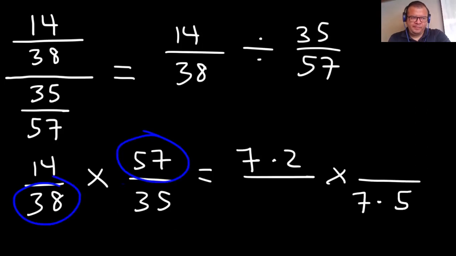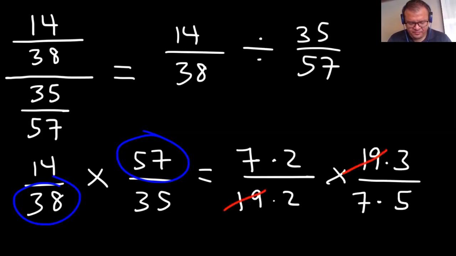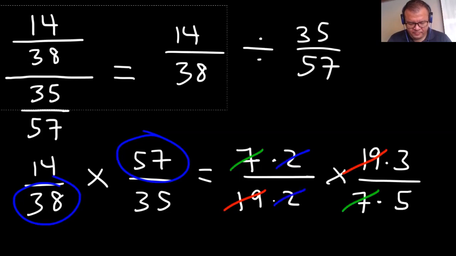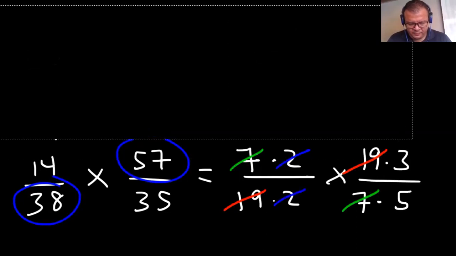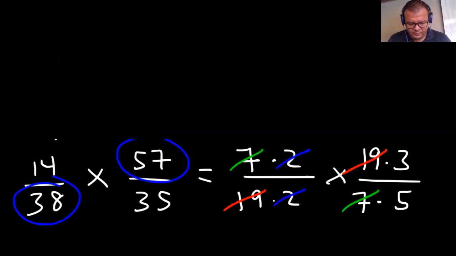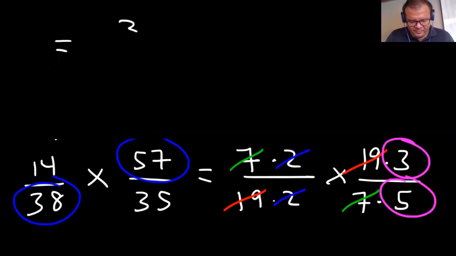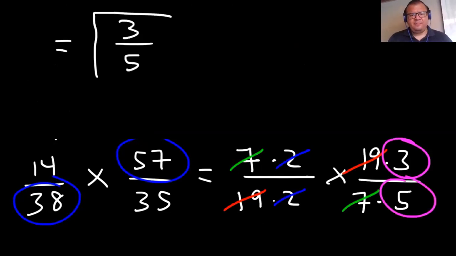Looking at them, they're both divisible by 19. 38 is 19 times 2. 57 is 19 times 3. And so we can cancel a 19, we can cancel a 7, and we can cancel a 2. So therefore, we're left with this as our final answer, which is 3 over 5. So that's it for this problem.